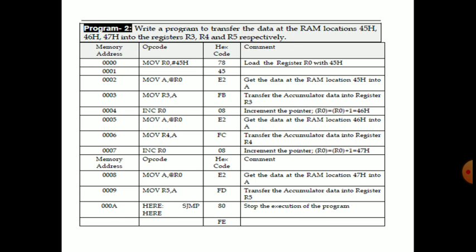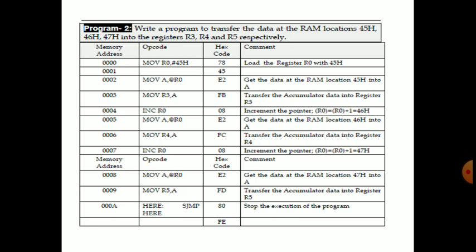Instead of writing directly and completing this program in 3 steps only, the programmer in this example used the accumulator. See the fourth instruction, INC R0, increment R0.